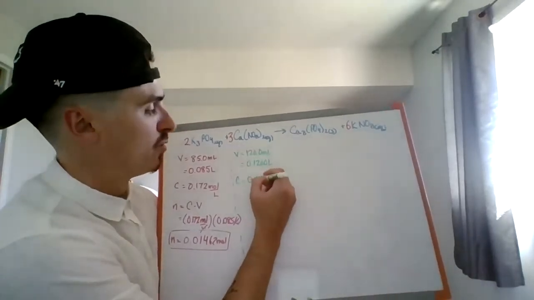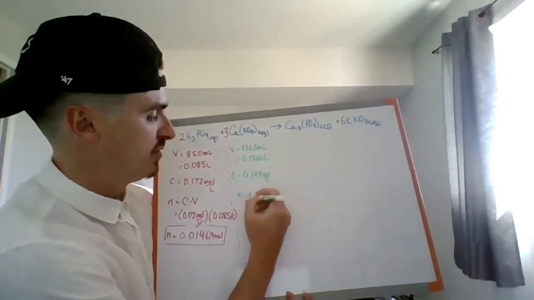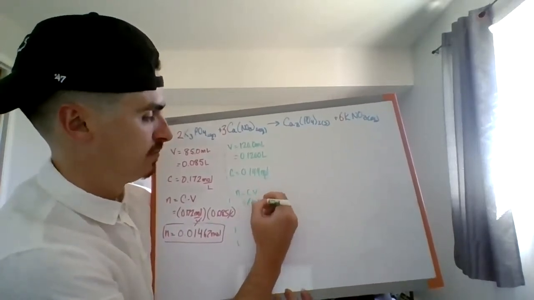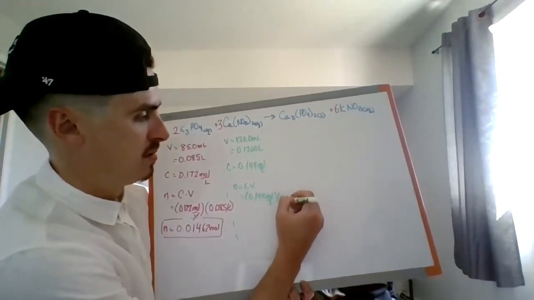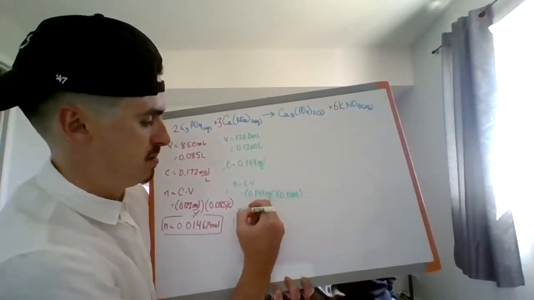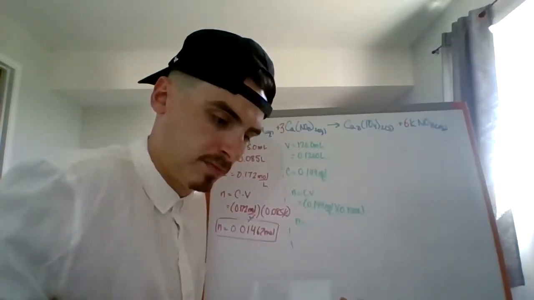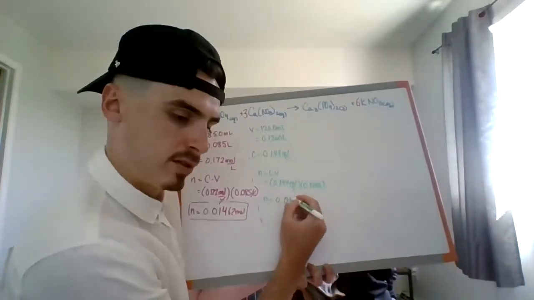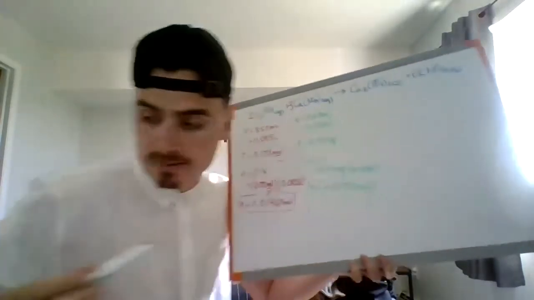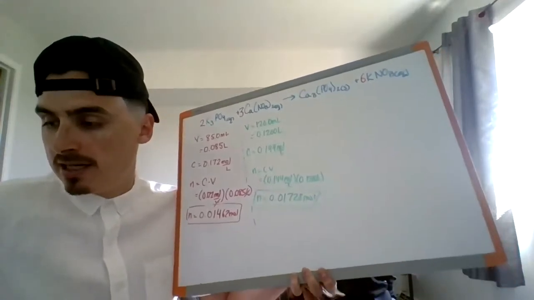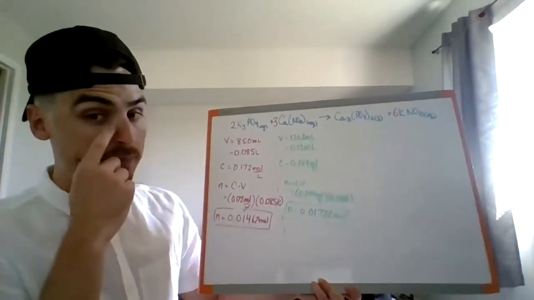Concentration 0.144 moles per liter, and moles is C times V. I'm going to get 0.01728 moles. All right. If I just look at these, I'm going to predict which one's going to run out first. Smaller number, probably going to be this one.